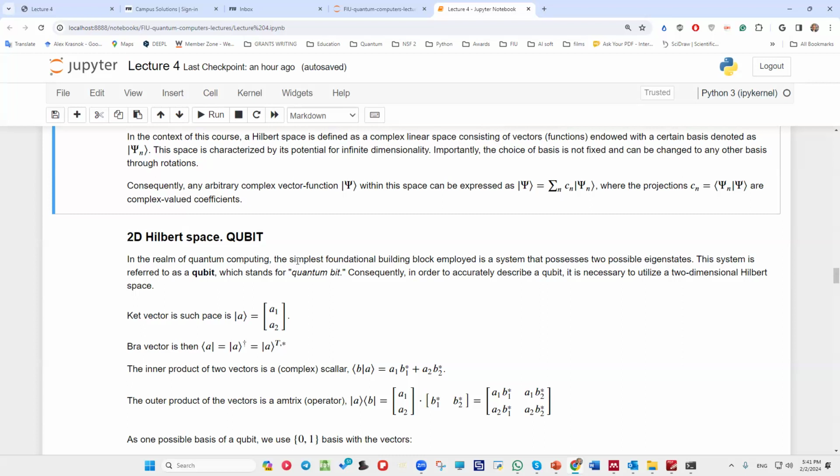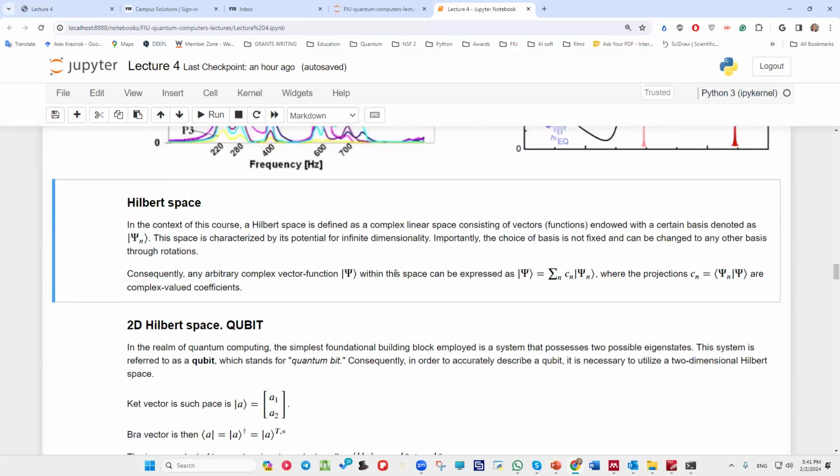We consider a quantum system that can exist in two quantum states, two quantum eigenstates.